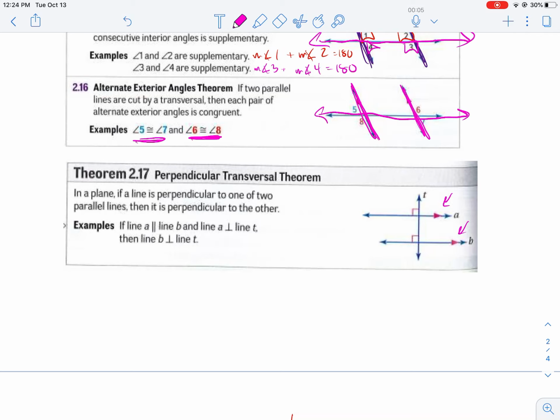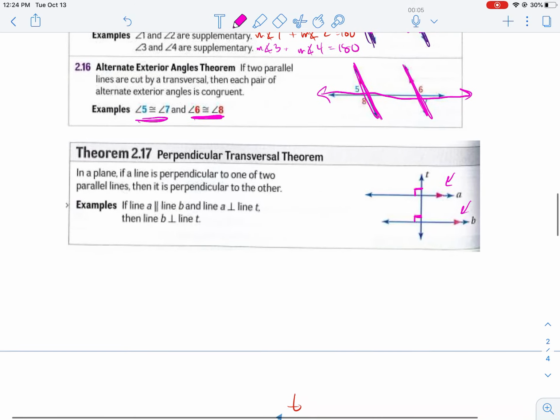And also, it shows that T is perpendicular to A. So what the theorem says, if T is perpendicular to A, then it also has to be perpendicular to B. And that is the perpendicular transversal theorem, right? If A is parallel with B and T is perpendicular to A, then T is also perpendicular to B.